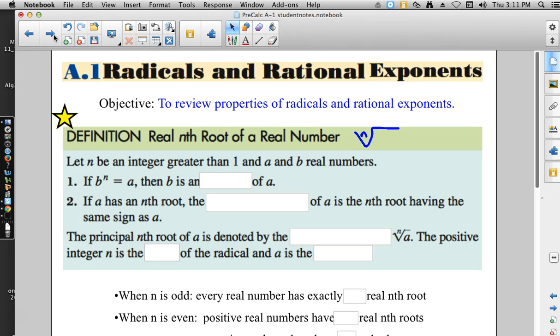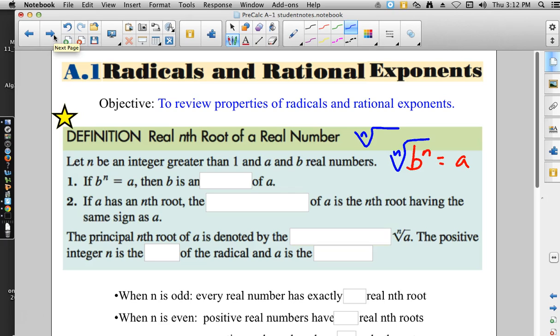If we can take a real number b and raise it to the nth power and get a. Remember, whatever we do in mathematics, we have to be able to do it forwards and backwards. So there has to be a point when, and let me rewrite what they have here, we could say, well, we're going to take the nth root of b to get b by itself.